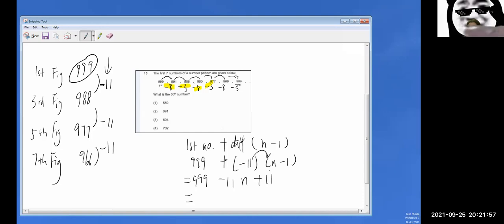Triple 9 plus 11. What's the answer? 1010. Okay.